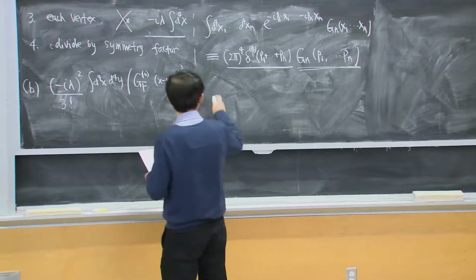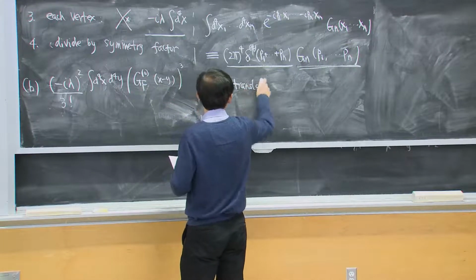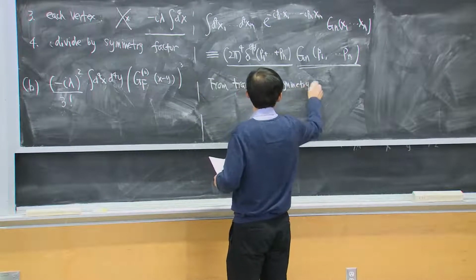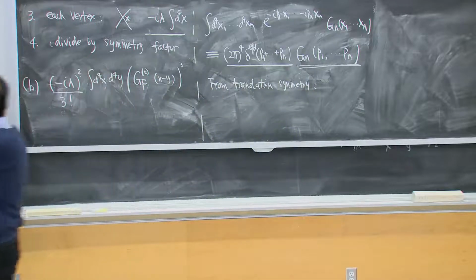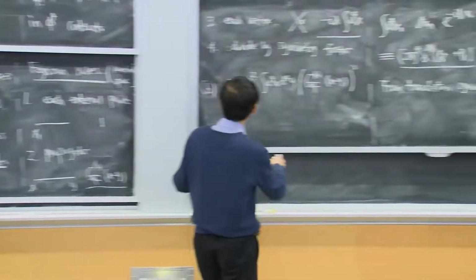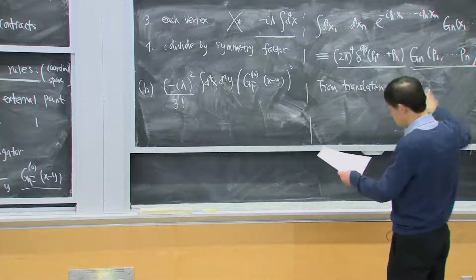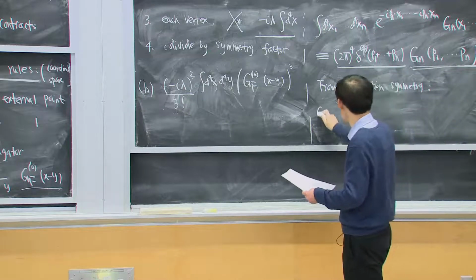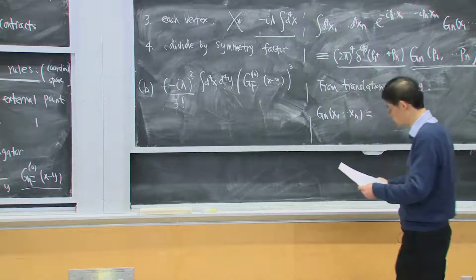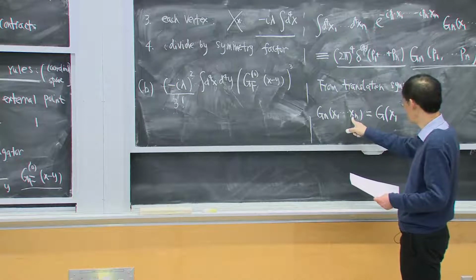From the translation symmetry, by the same argument that the 2-point function of x1, x2 should only be a function of x1 minus x2, the n-point function can take one point as the reference point.